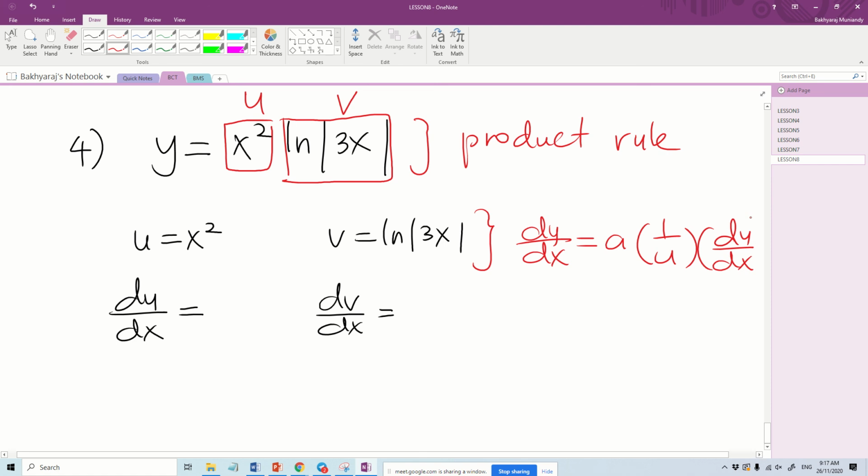Okay, so kita kena guna product and of course the logarithm rules together. So first you can get what is your u. The answer for du dx is 2x. Correct. Sini akan dapat 2x. What about our dv dx? 3 over 3x. Correct, 3 over 3x tu betul, but you need to simplify.